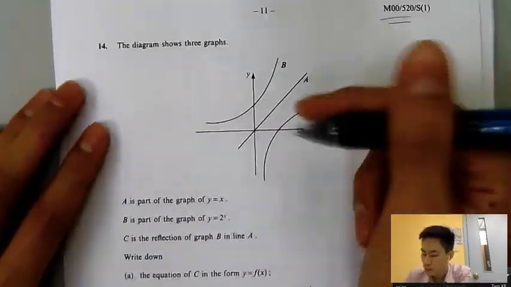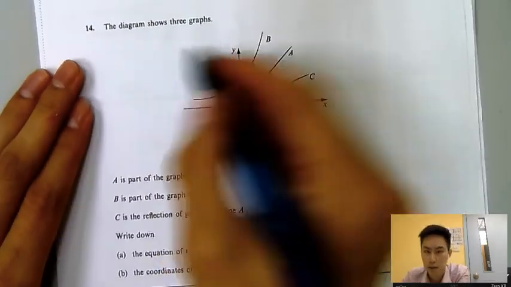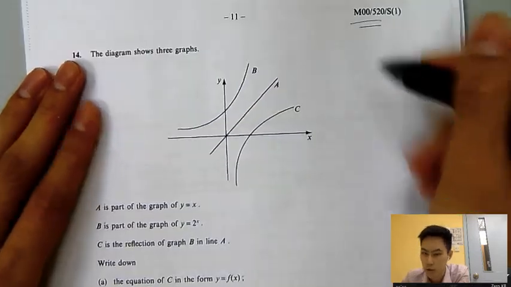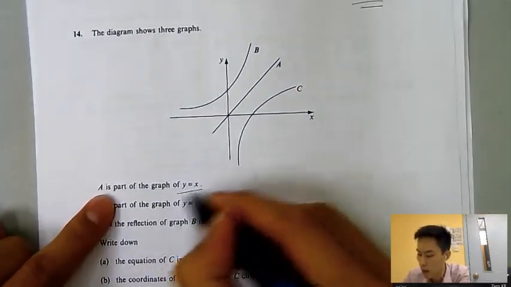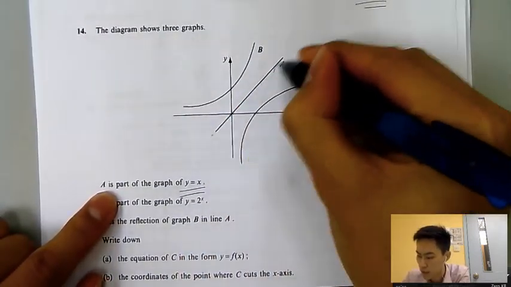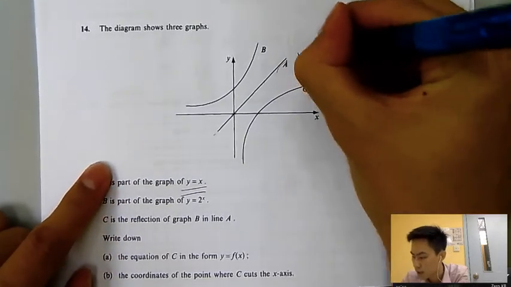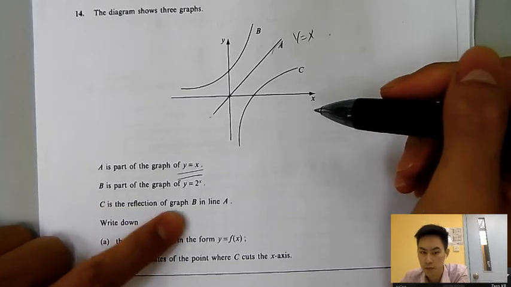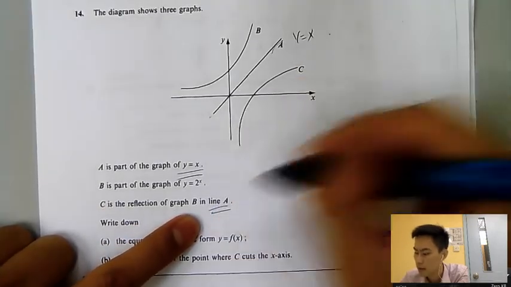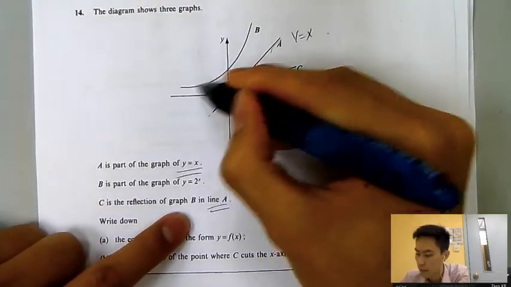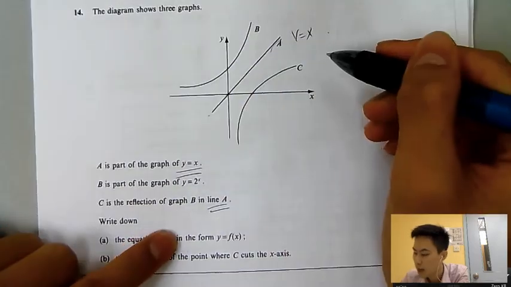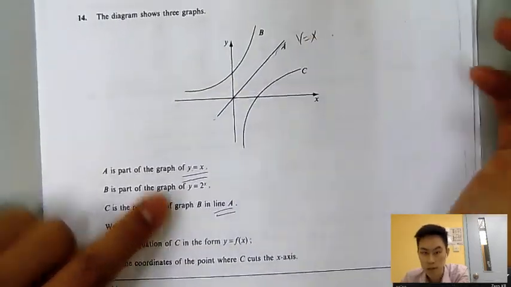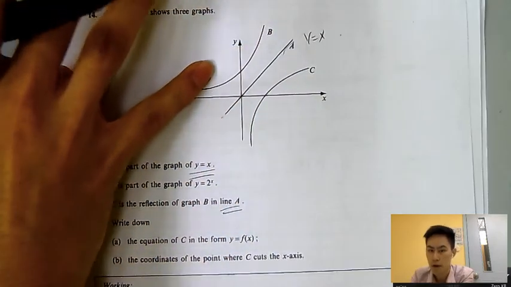So question 14, we have 3 graphs right here. This line A is y equals x. And C is the reflection of the graph B in the line A, y equals x. So reflect this graph to this side.